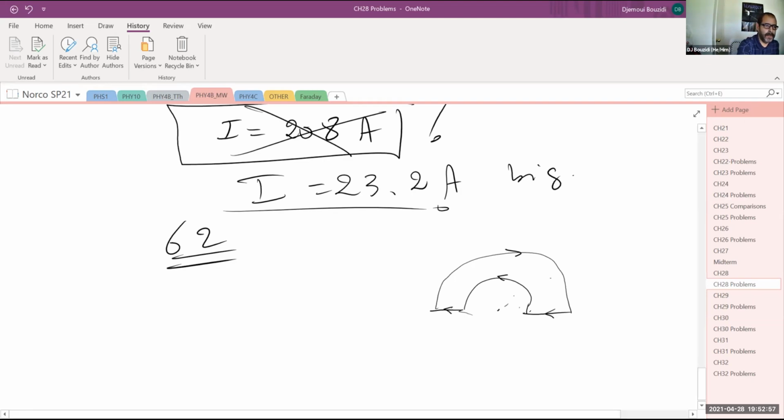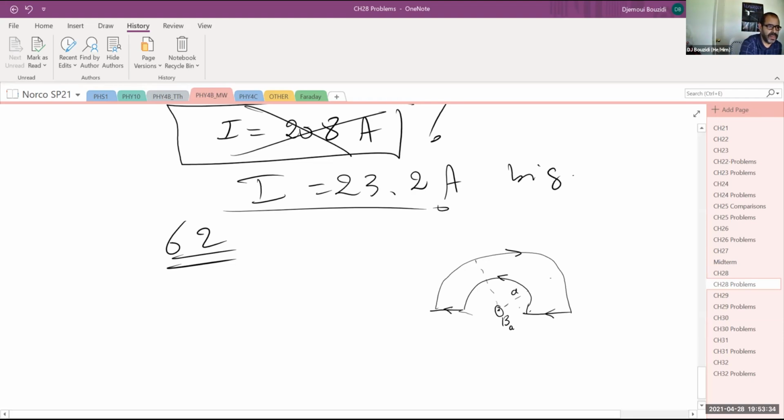So this radius A, I'm going to call it BA. BA will be coming out of the screen. This portion of the wire will produce a magnetic field at the same point that is going into the screen, because the circulation of the current is clockwise, so the magnetic field is going into the screen.